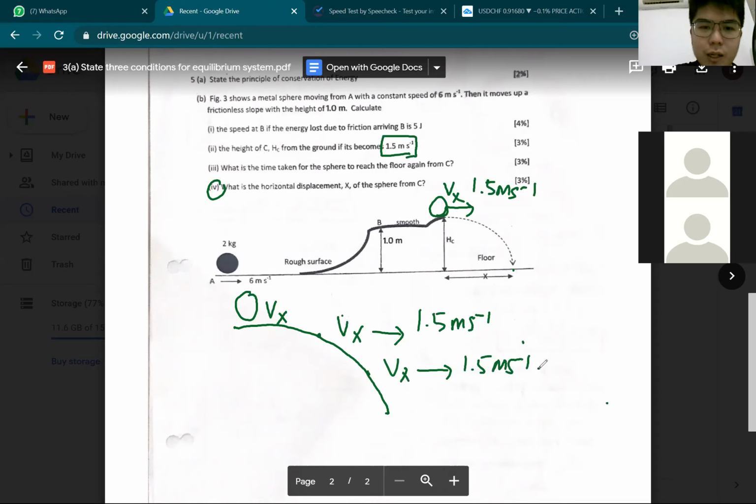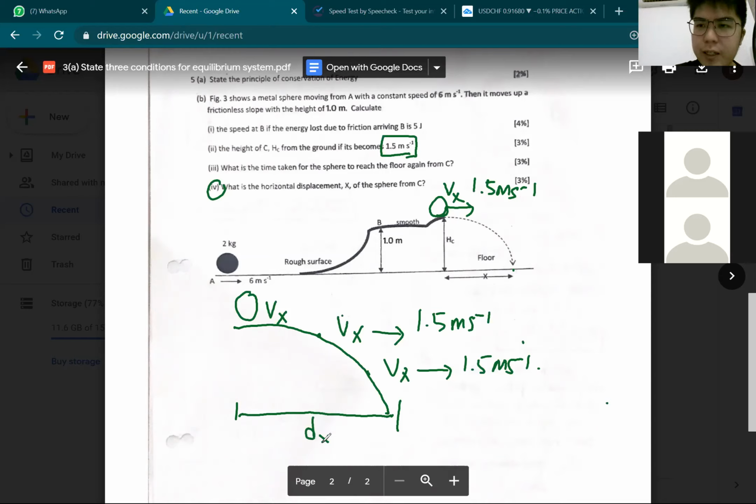Now, to calculate the horizontal displacement, how do you calculate this one? How far can you go when you are moving at 1.5 speed and you fall down? This one we call dx, distance x.